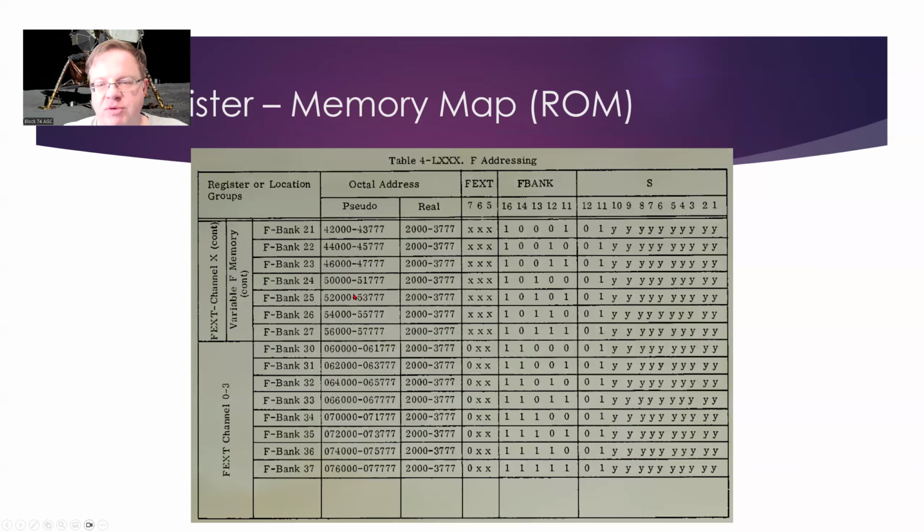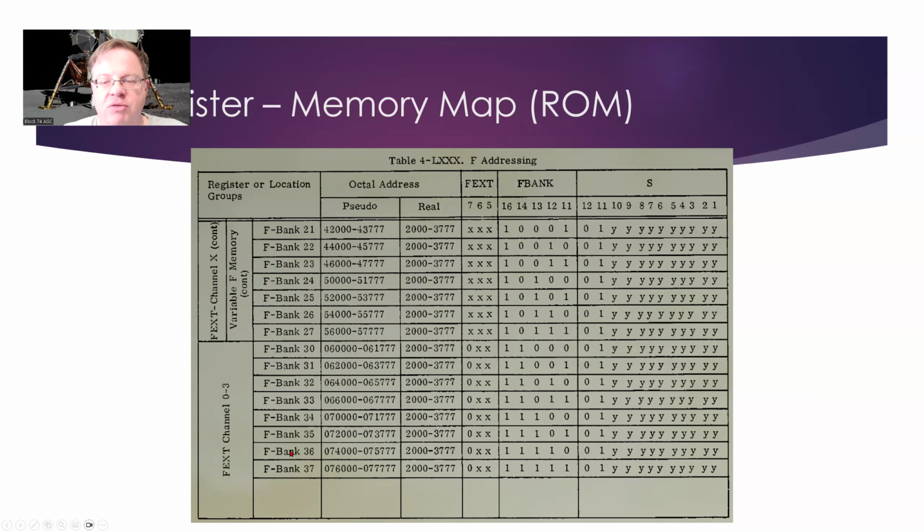So if we look through, we've again got this channel X, or the variable F memory, and then we can start looking at, okay, if we set the contents of our superbank register, we now have access to all these additional banks of memory.